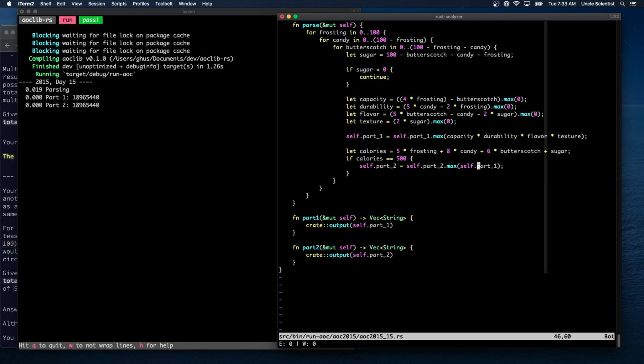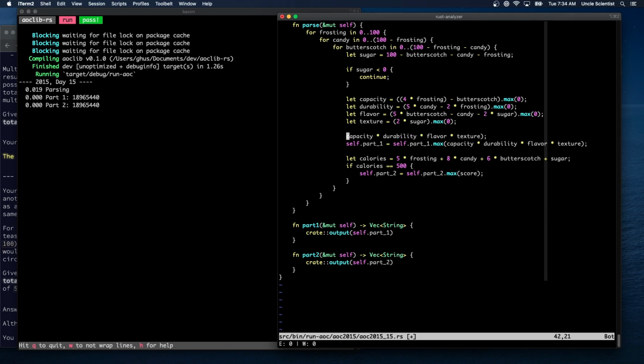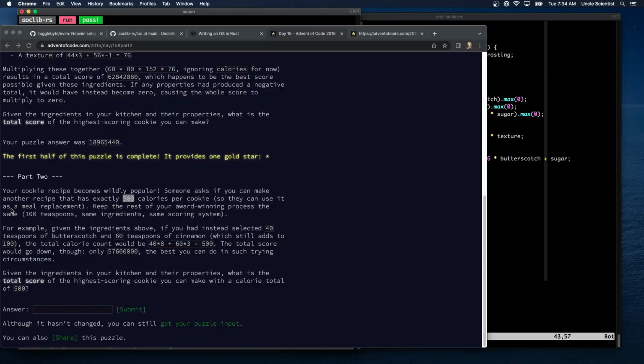It's the self part 1 of the score. So we do need to save score after all. Or just calculate it twice. There we go. Okay, now they're different. Let's see if this works.